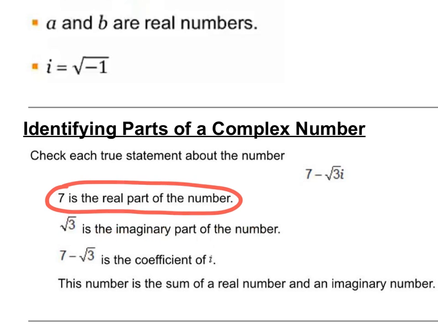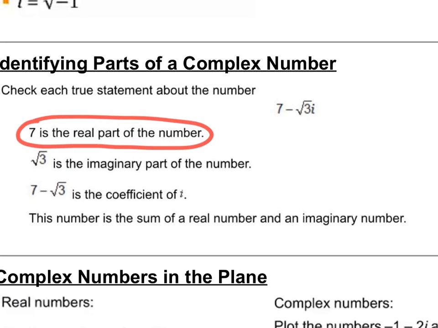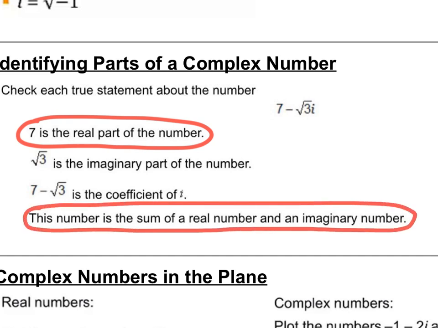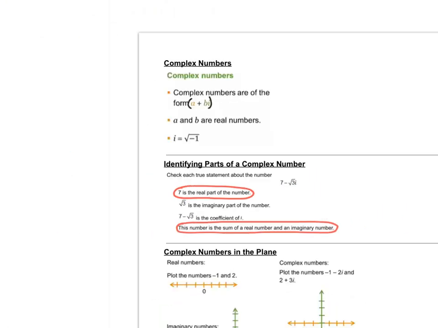That's not true. i is the only part of the imaginary number. The square root of 3 is a real number. And it says 7 minus the square root of 3 is the coefficient of i. No, only the square root of 3 is the coefficient of i. And it says this number is the sum of a real number and an imaginary number, and that is true. That's the idea.